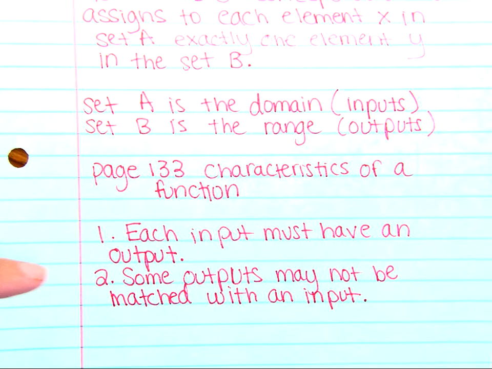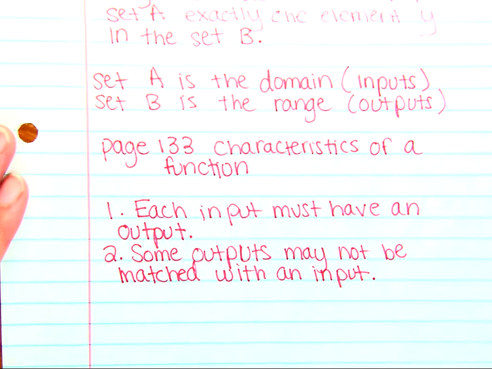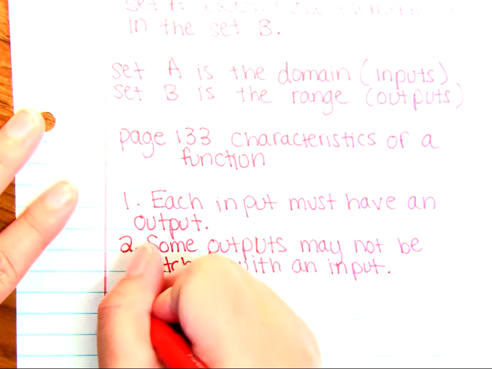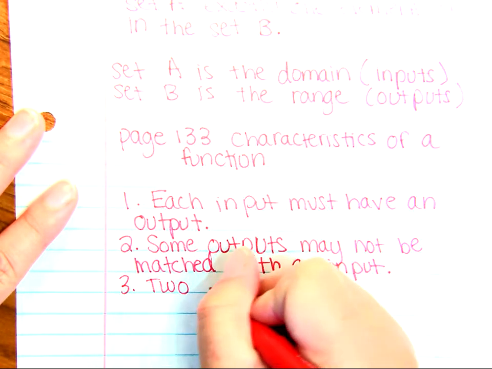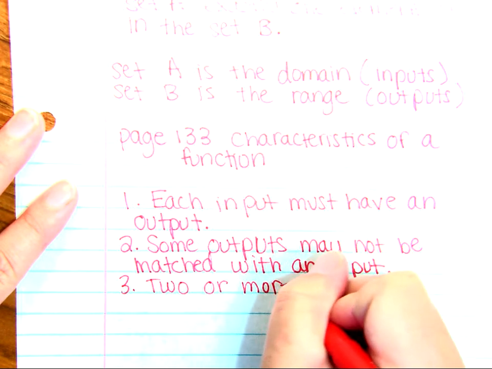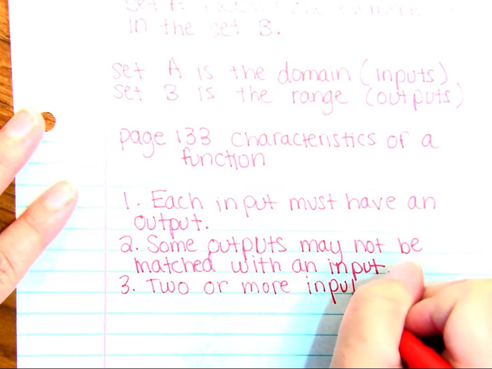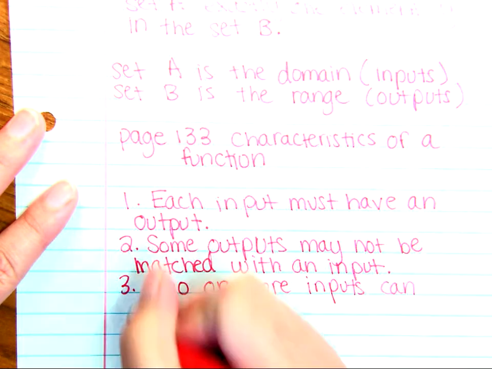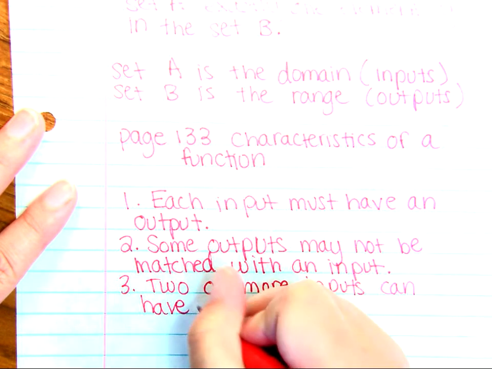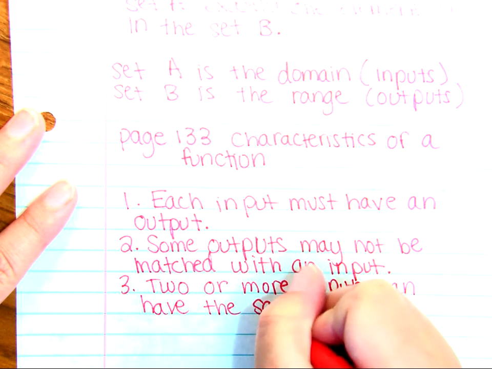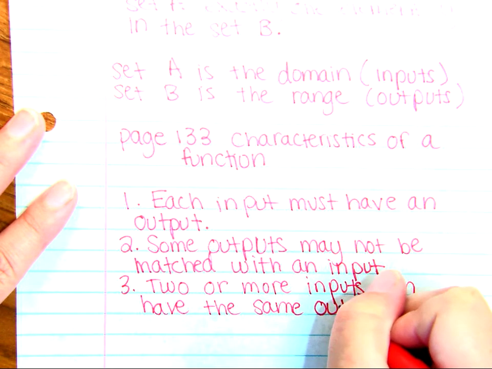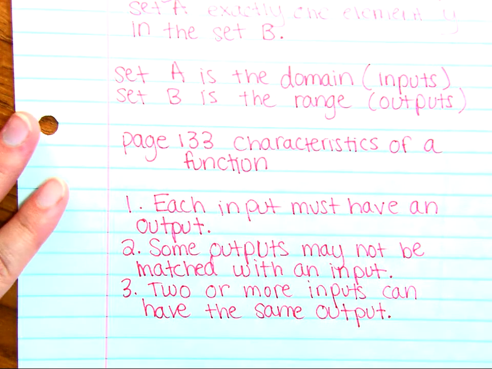Okay, so notice rule 1 talks about how each input has to have an output. However, the reverse is not true. That's what that second statement is saying. Just because it's an output does not mean that it's going to have an input. And the third thing, 2 or more inputs can have the same output.